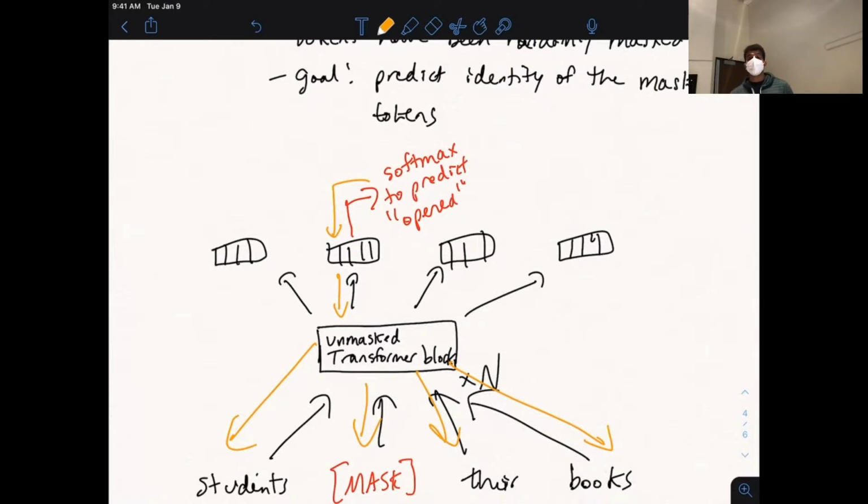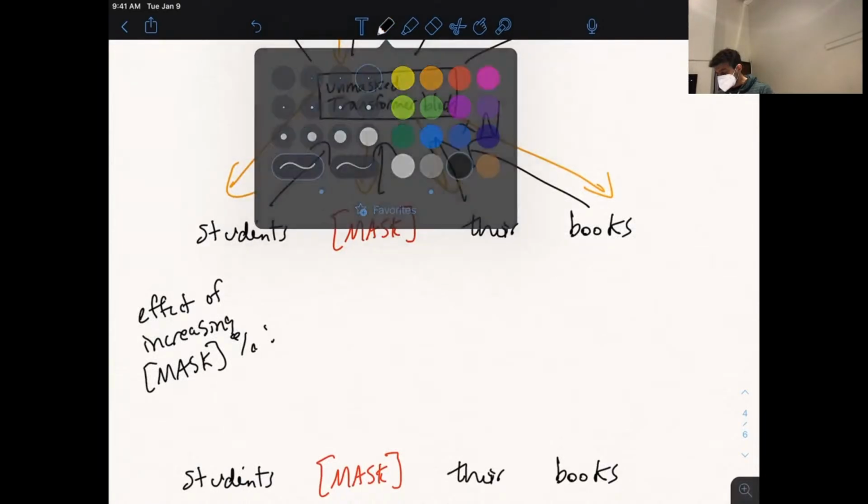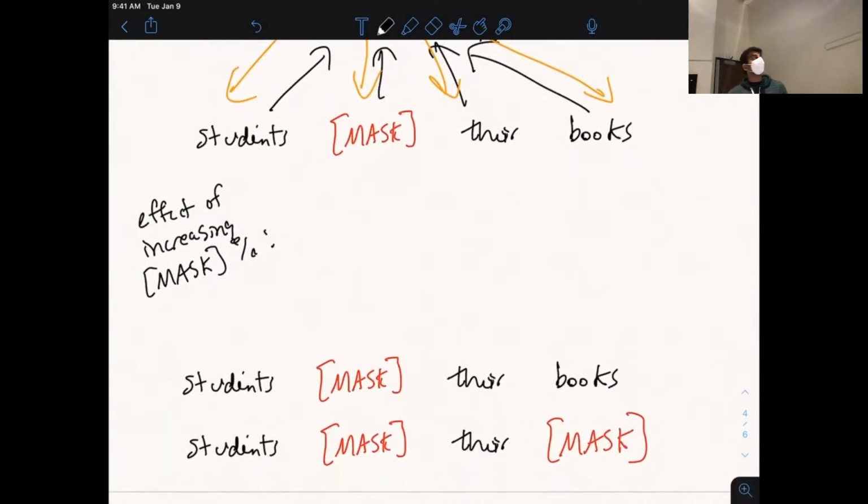And they have some nice plots in the BERT paper that show this is less efficient than language modeling in terms of number of training steps required, but it also has its own advantages that we've talked about. Okay, so now let's move on to how we actually use BERT to solve a downstream task.